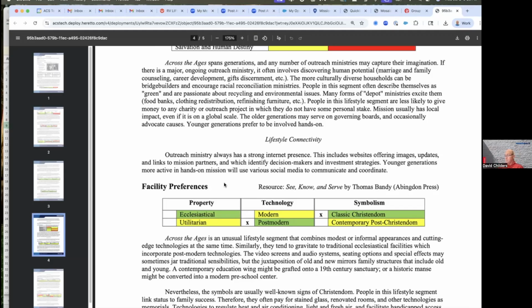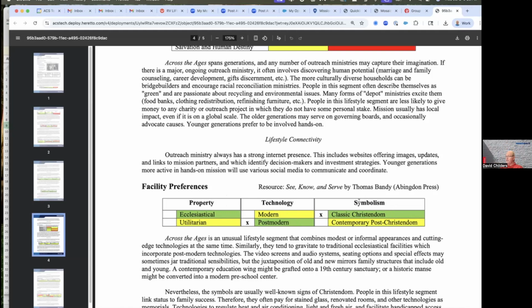So ecclesiastical would have been their property type. If it were technology, postmodern, yep, we had sound systems, we had cameras, we had that capability to stream worship. By the way, I added that while I was at that church, so I know how it got there.